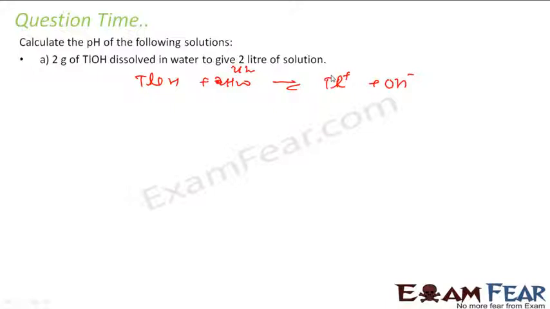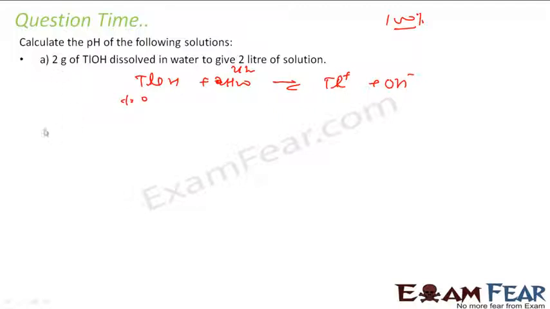So we have 2 grams. And I have to find, at t equal to 0, what is the concentration of this? Right? And assuming 100% dissociation. So in the past example, the molar concentration of HCl and NaOH is given, but here the gram is given.